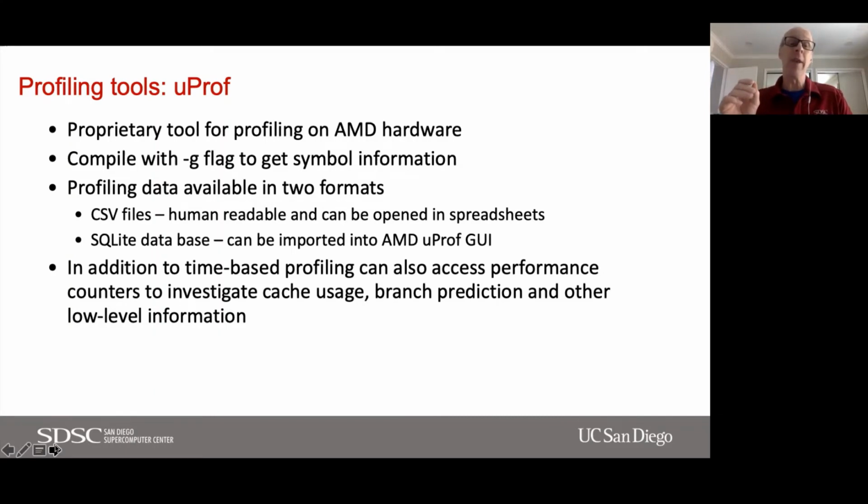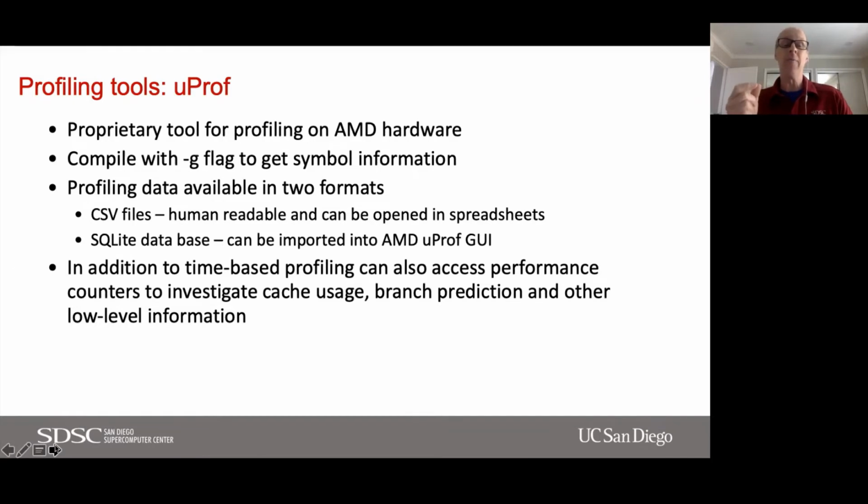uProf is going to generate the profiling data in two formats, much harder to read than the gprof output, but then it's also much more comprehensive. It will give you a CSV file that's human readable, and I'm going to recommend that you just open this in a spreadsheet.